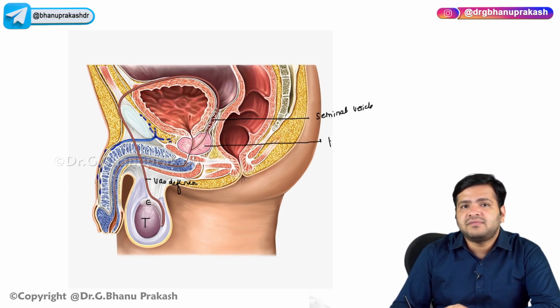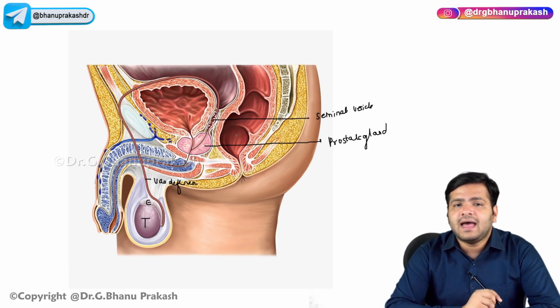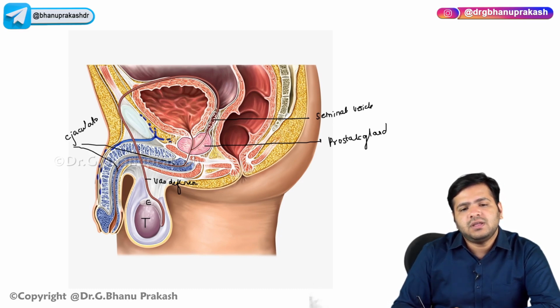Then we have the prostate glands which will pour its secretion, and finally all the things will be going into the ejaculatory duct. You can see over here, this is the ejaculatory duct which will open into the penis.